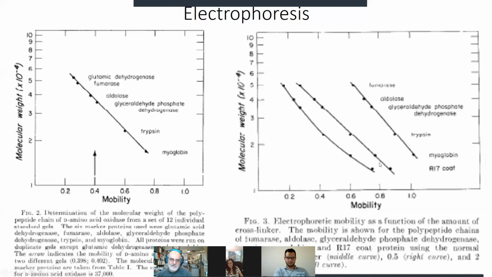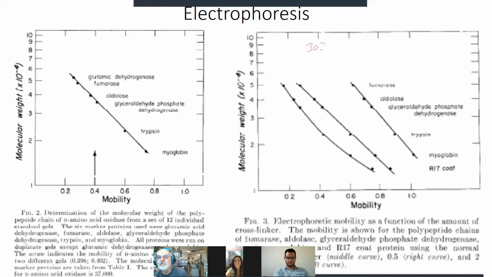The other thing to notice about this is, whatever normal is, and this is a half, you get different mobilities, you get different curves. The issue is when you make up a stock of acrylamide, you generally make acrylamide up with some amount of bisacrylamide. The way my lab used to make it up, I still have some in a cold box. We haven't run a gel in a long time in my lab.